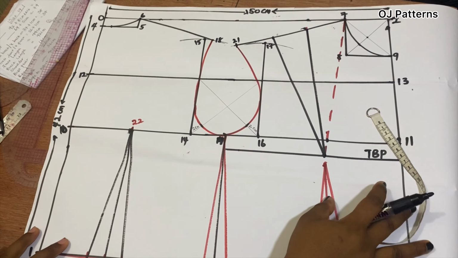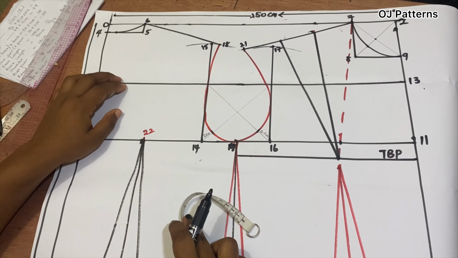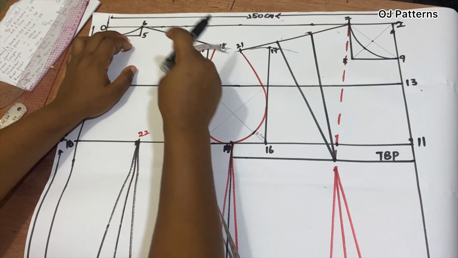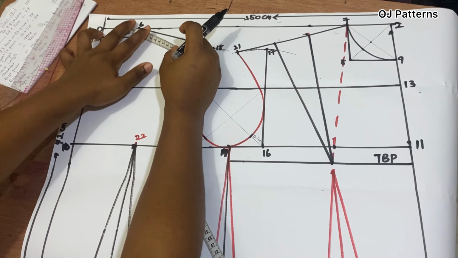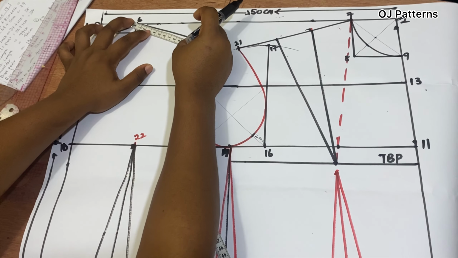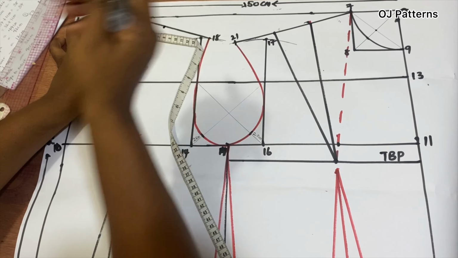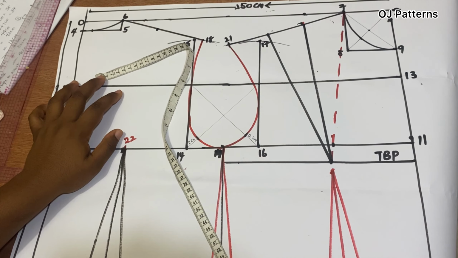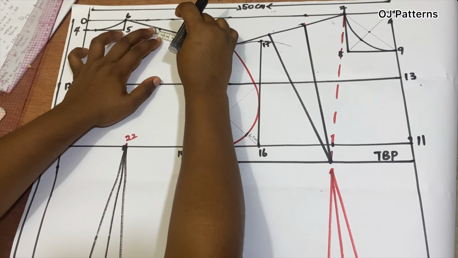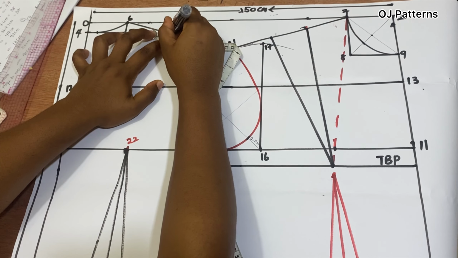Now for the back shoulder dart, along the shoulder line from point 6, measure 6.5. Now from 6.5, measure 1.5 because that's what we added for the dart.